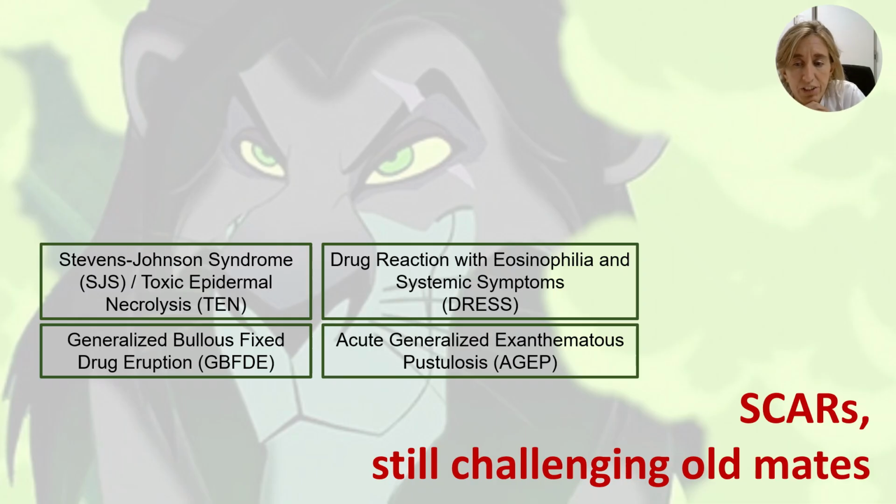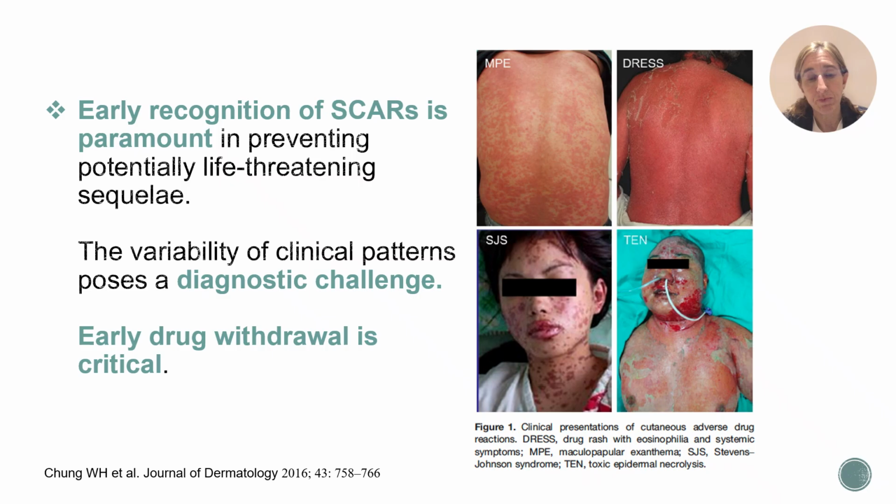SCARs are still challenging entities, and among the most frequent and most clinically relevant SCARs, we will go through Stevens-Johnson syndrome and toxic epidermal necrolysis. We'll go through drug reaction with eosinophilia and systemic symptoms, generalized bullous fixed drug eruption, and also acute generalized exanthematous pustulosis.